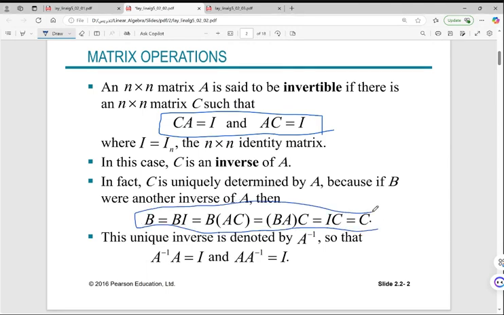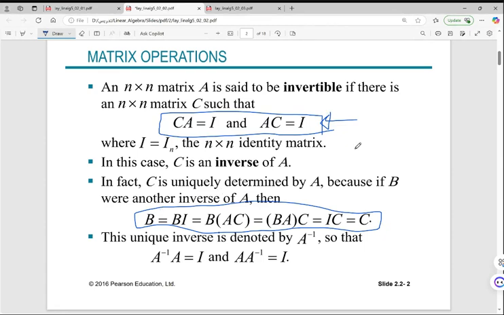Assume that it has another inverse like B. So consider matrix A whose inverse is C. So we have CA equals I and AC equals I. Now assume that A has another inverse like B. We show that B is the same as C. So B and C are the same. So A has a unique inverse, not two different inverses.